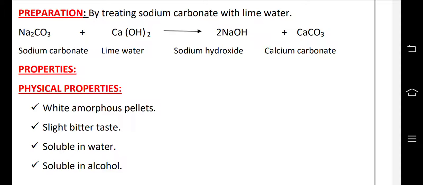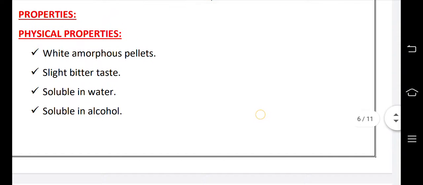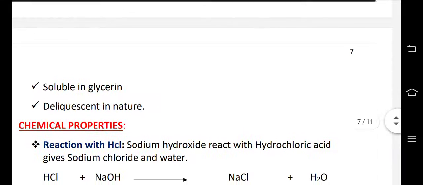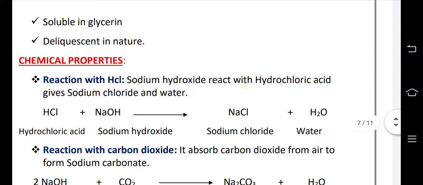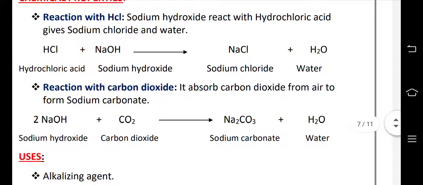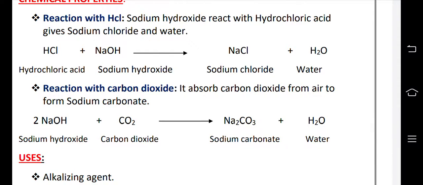Now coming to physical properties. It is white amorphous pellets with a slight bitter taste, soluble in water and soluble in alcohol. And it is also soluble in glycerine and it is deliquescent in nature. Now coming to chemical properties, sodium hydroxide on reaction with hydrochloric acid and on reaction with carbon dioxide.